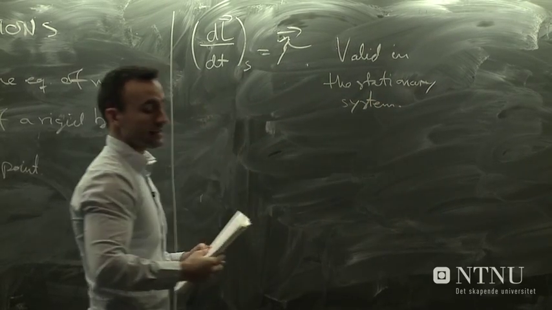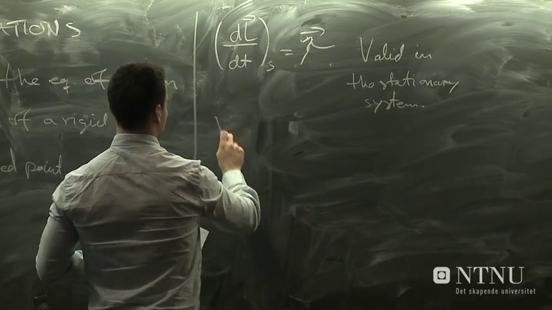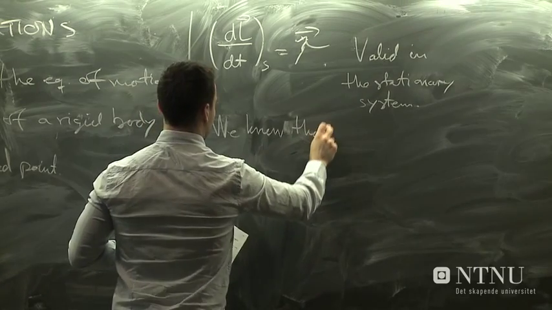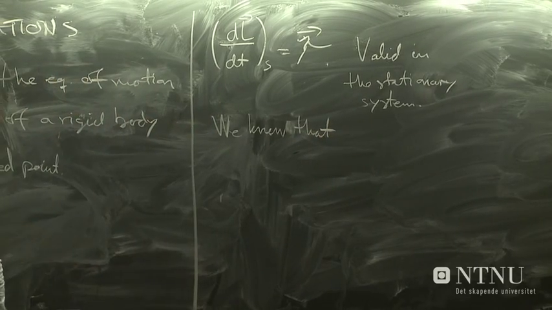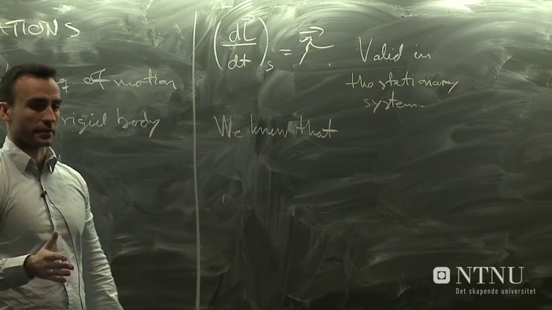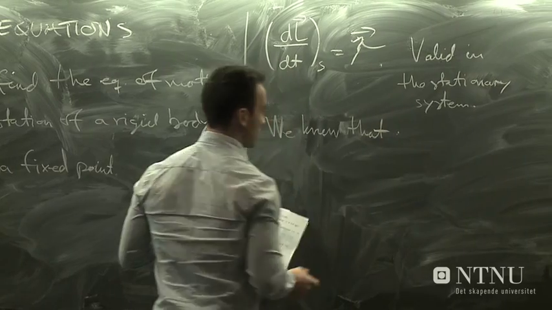So this is valid in the stationary system. But we know that we can relate the time change of any vector in the rotating and the stationary system by means of the operator identity that we derived in the previous chapter.